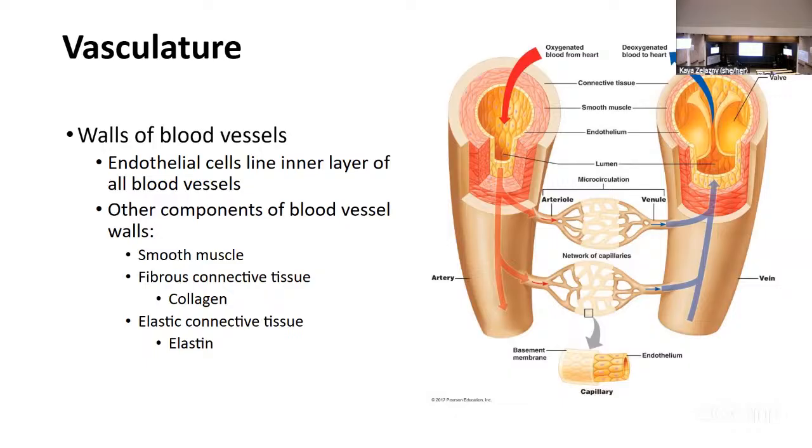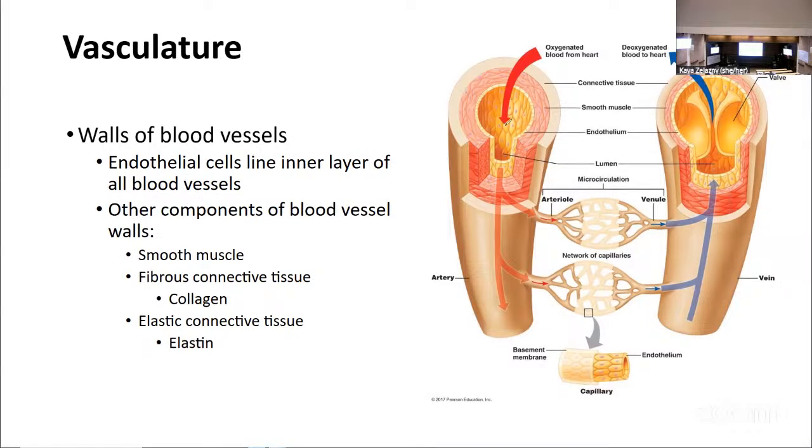But in general, if we're looking at that wall, we're going to refer to that innermost layer of our blood vessel, this yellow part inside, as our endothelium, our endothelial layer. So endo, think inside, right? So this is the inner layer. This one is going to be present in all your blood vessels. This is making sure that the blood doesn't actually spill out of the blood vessel.